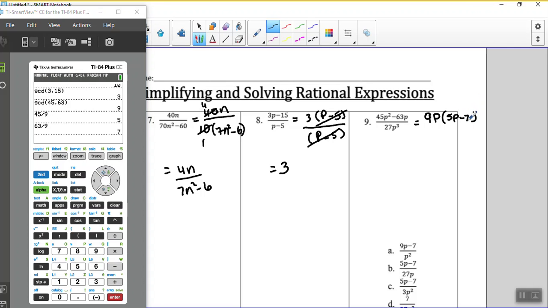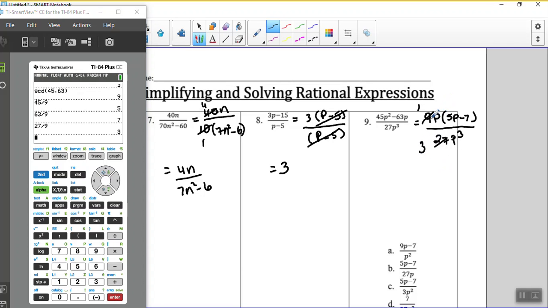Okay, and then in the denominator I have 27p cubed. Alright, so what is it that I can simplify? Well, I look at 9 and 27. Let me see if I can reduce this. 9 goes into 9 once, 9 goes into 27, so 27 divided by 9 is 3.